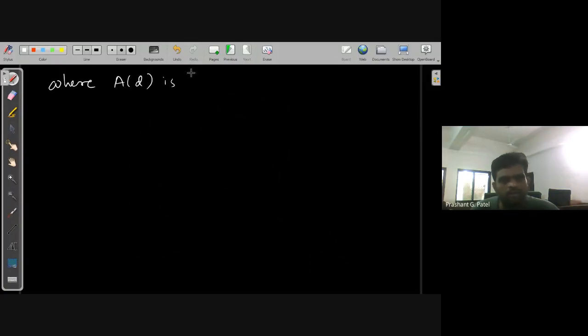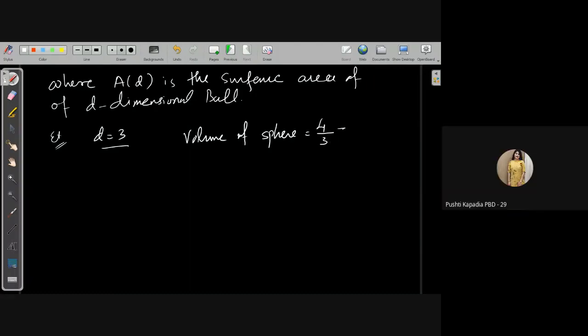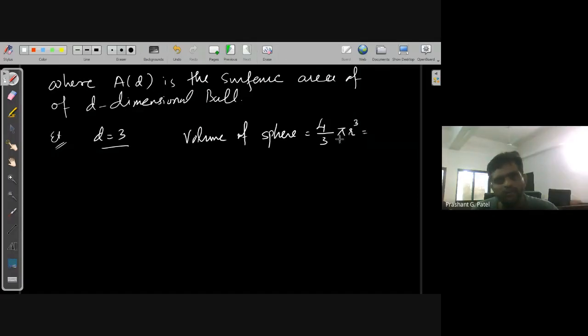Here Ad is the surface area of the d-dimensional unit ball. For example, if d equals 3, we are talking about the three-dimensional unit ball, that is a sphere in R3. The volume of a sphere is 4 by 3 pi r cubed, but r is 1 because we have taken a unit sphere, so it is 4 by 3 pi.